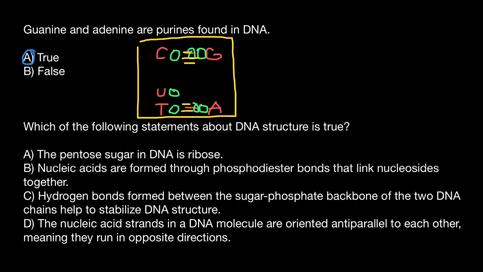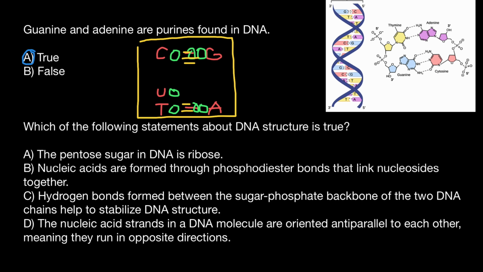And next question, which of the following statements about DNA structure is true? And here's the list to choose from. Let me start from the last one. So here's a statement: the nucleic acid strands in the DNA molecule are oriented antiparallel to each other, meaning they run in opposite directions.